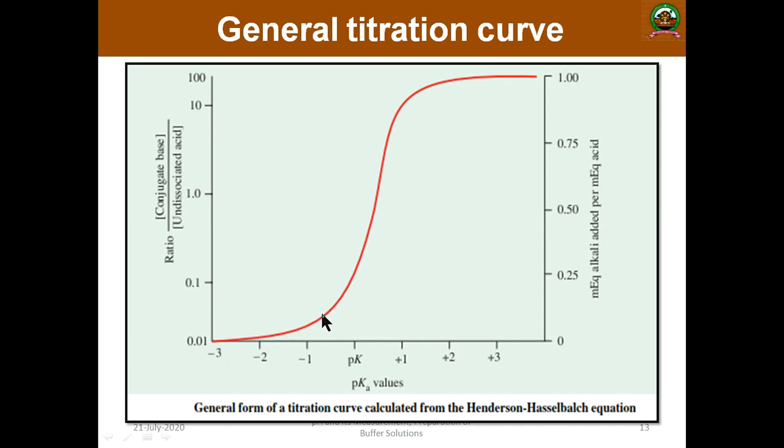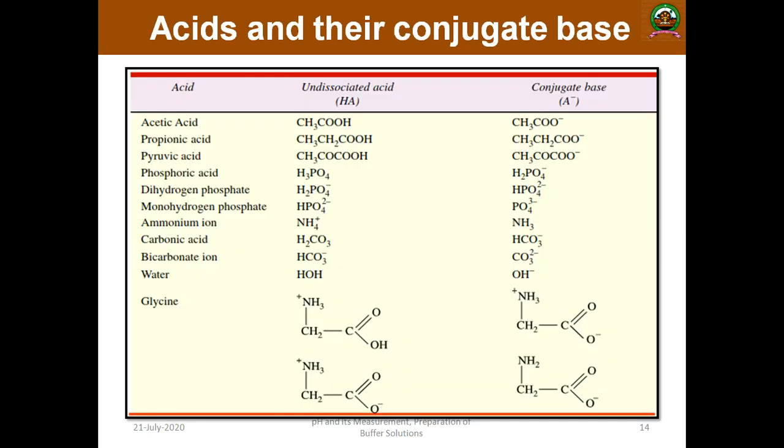Once it starts saturating, there is an equal amount of addition, then it increases quickly, and once it becomes saturated, it stabilizes in the form of an equilibrium. That is the final concentration. So this is the general titration curve required to study buffer preparation.